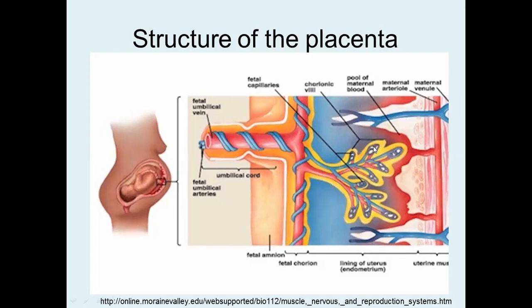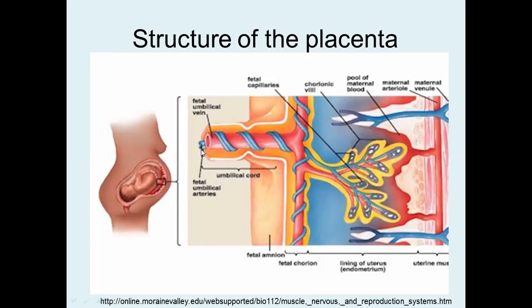So the blood becomes increasingly more oxygenated, and therefore the blood going back again, so the direction of blood flow is this way in the red blood vessel. And the red blood vessels join, and they form a single large umbilical vein. And that umbilical vein, unusual, carries oxygenated blood back towards the fetus.